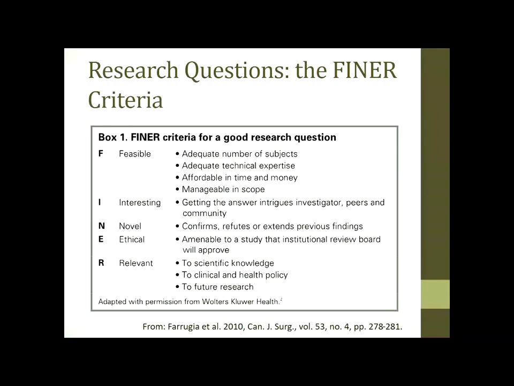So the first one is feasibility, which is essentially the same as what Ballmer and Ling are talking about. And remember, this is an adequate number of subjects. This is written from a medical journal. Subjects means people, so you've got an adequate number of people available to you. If you're an animal science researcher, you'd be thinking, do I have adequate numbers of animals available?